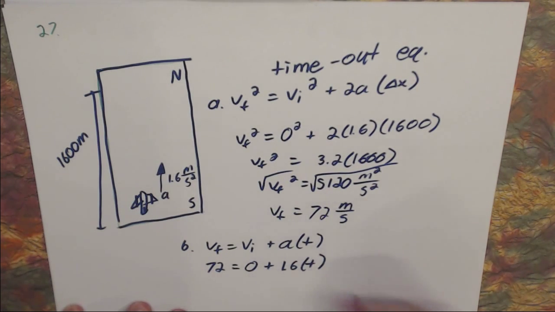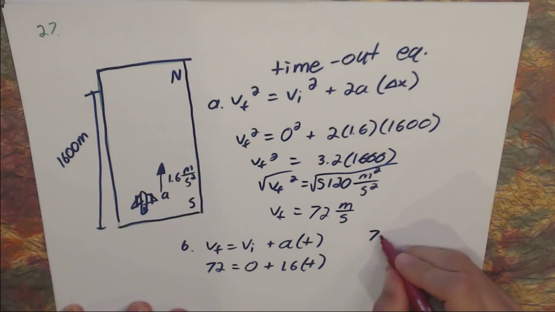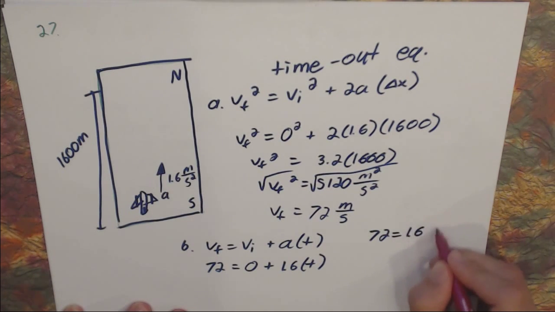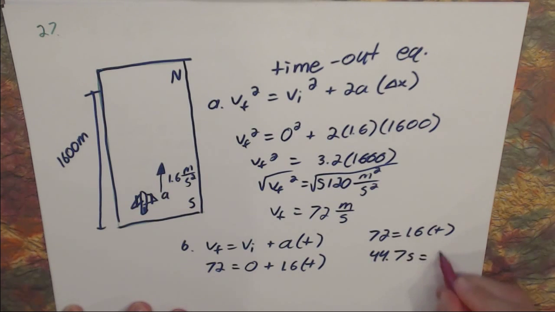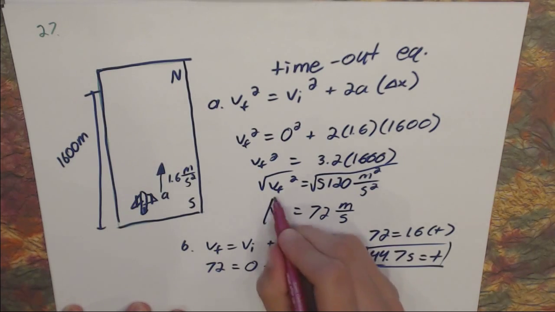And if we divide these out, we get 72 equals 1.6 times time. And then you divide it out, you get 44.7 seconds equals time. And there's your answer. And this is the answer to part A.